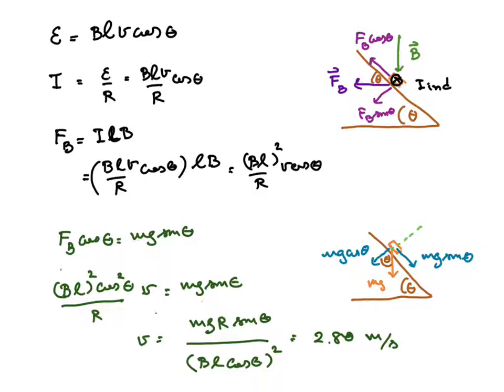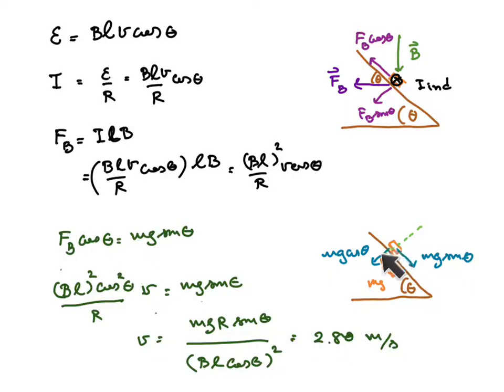We know this angle is theta because this angle plus this angle must equal pi over 2, and this angle plus this angle must equal pi over 2 too, so these two angles are equal.